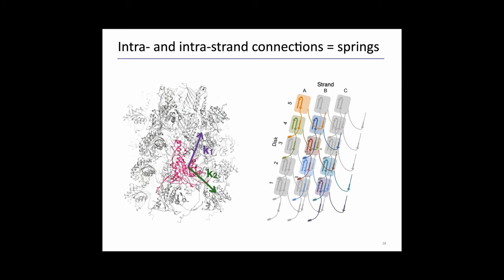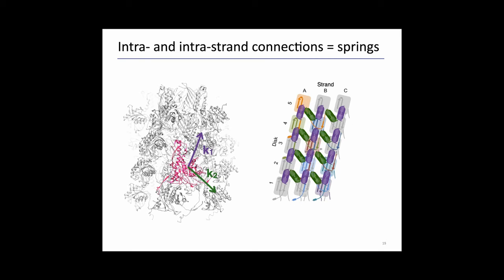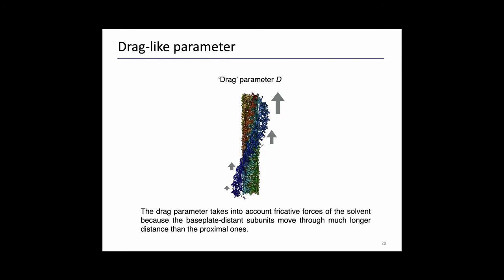I'm running out of time. It's a lot of work. So let me see. To parameterize this contraction reaction, we introduce these harmonic restraints between subunits, and we introduce a drag that compensates for all of the dissipative forces in the system, because the upper subunits actually go through a longer distance.